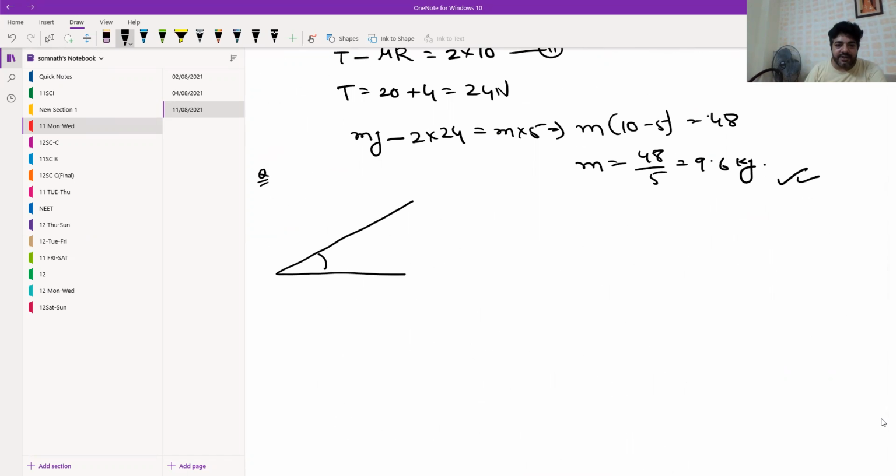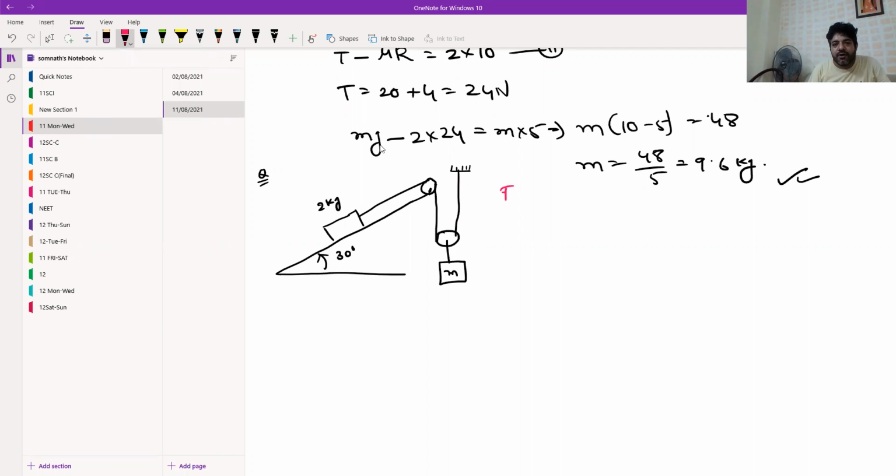Let the angle of inclination be 30 degrees, and I'm putting here a block of mass 2 kg, and here I'm giving a pulley. And this is m. So same question.